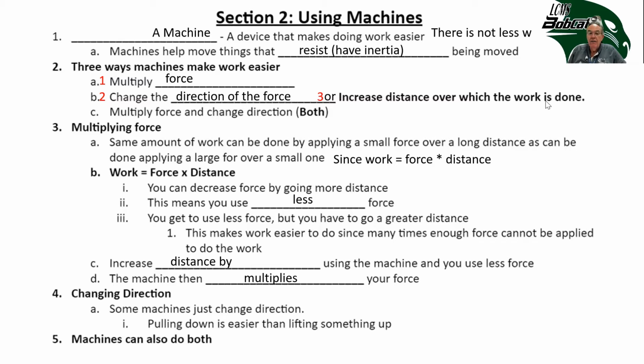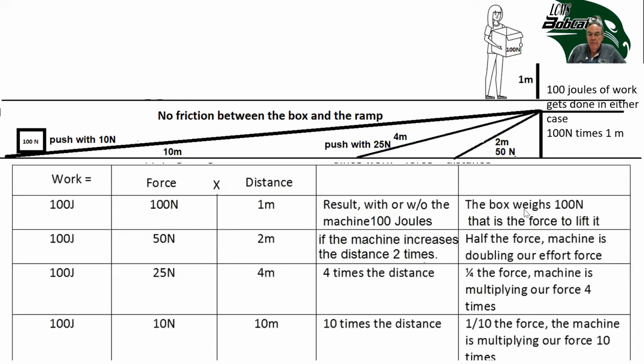Now I'm going to have us look at a simple example with an inclined plane. So we have this person over here. They have this 100 Newton box, and the work they're going to get done is 100 joules of work. Okay, so she needs to lift this box up 1 meter and set it on this table. That's what's going to be accomplished.